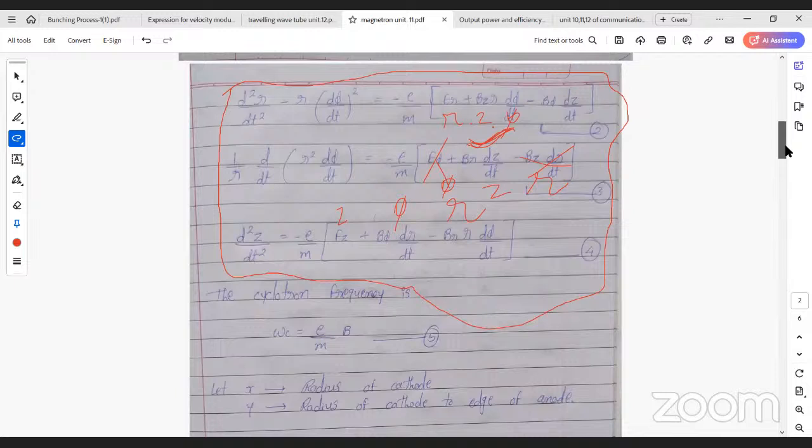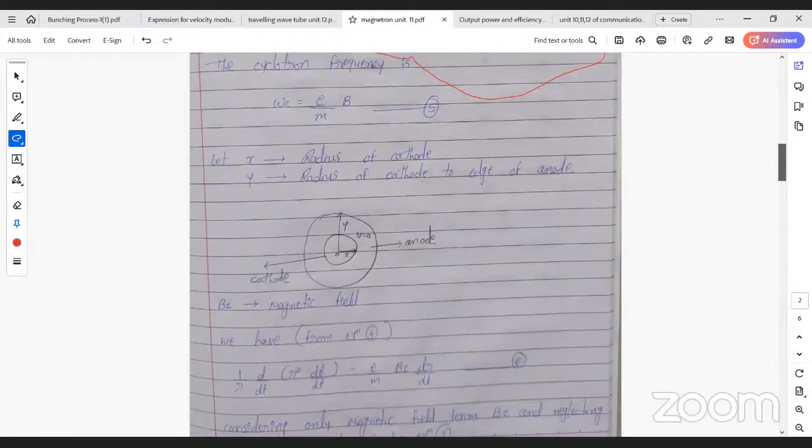Here, see, br dz by dt. In place of r, I am taking bz along the z axis. This 1 by r of the LHS is cross multiplied, so r is going to the right hand side.